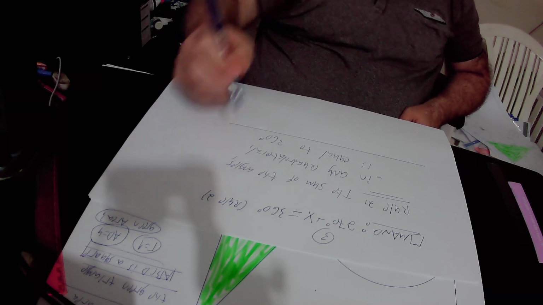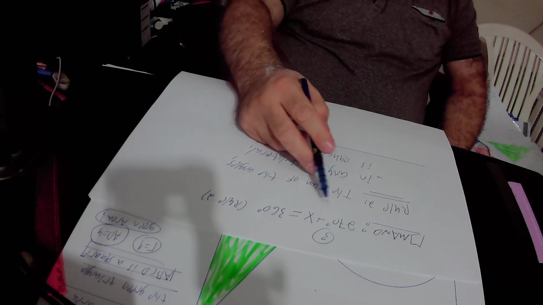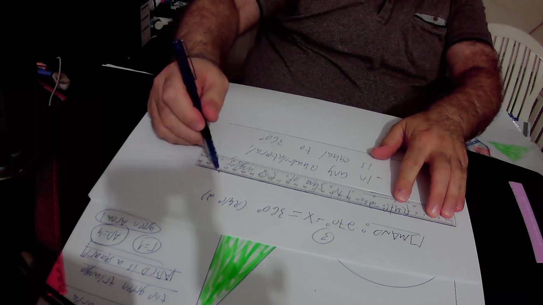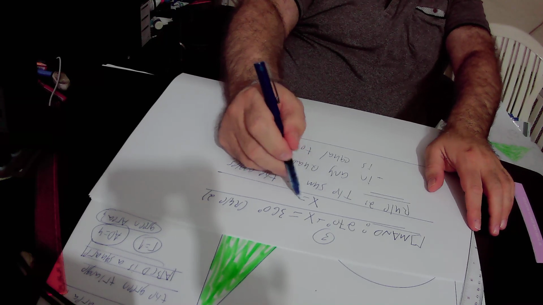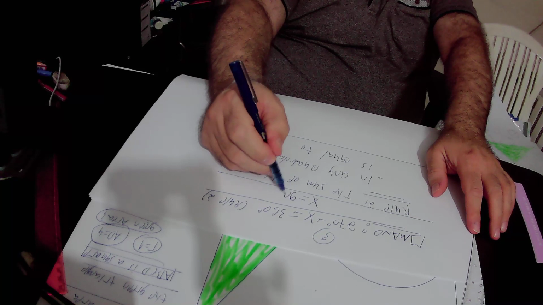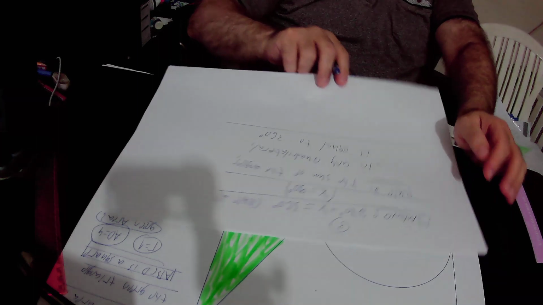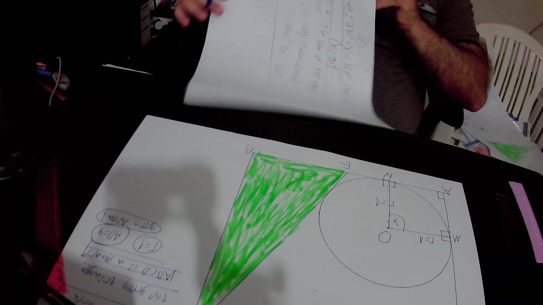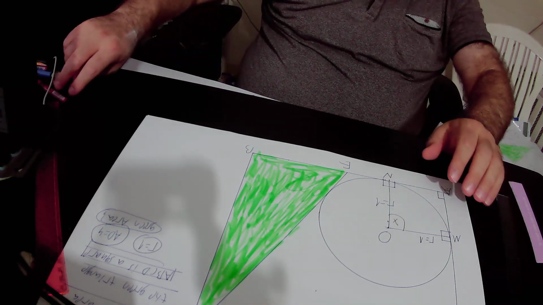We will subtract 270 degrees from this equality, and we will get that angle X equals 360 degrees minus 270 degrees, which is 90 degrees. So we found out that angle X equals 90 degrees, and we can replace angle X here by 90 degrees.